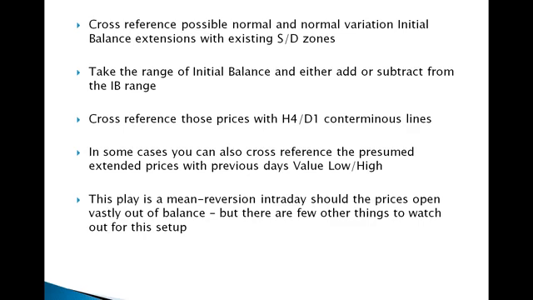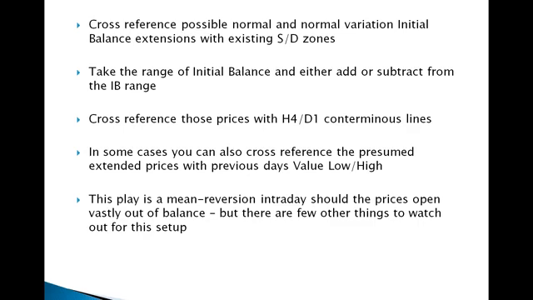You can cross-reference possible normal and normal variation prices with existing supply and demand zones. So you would take the range of initial balance from, for example, high to low, and let's say that it's about 40 pips.